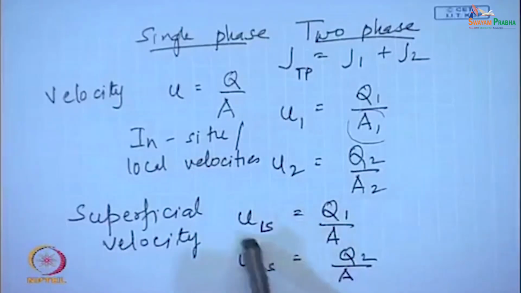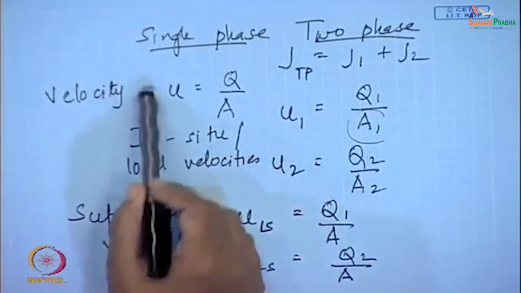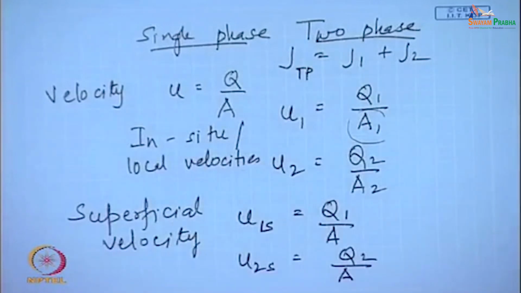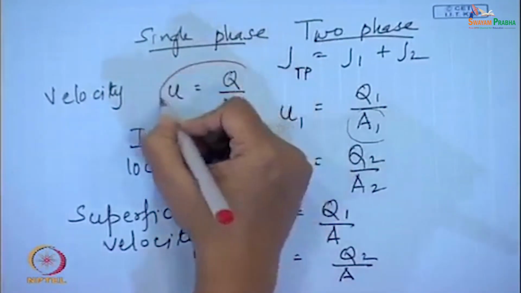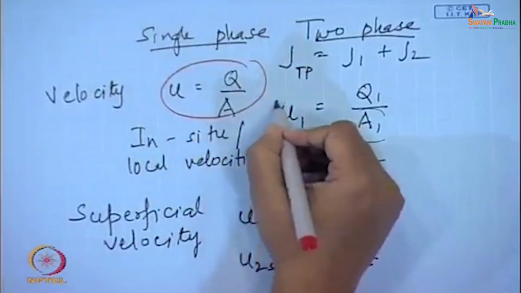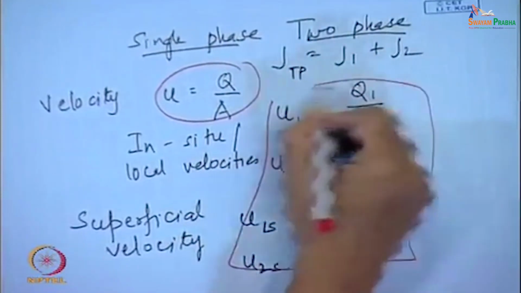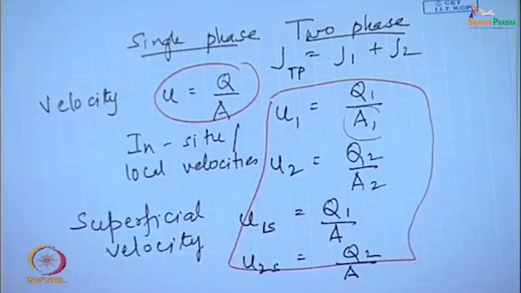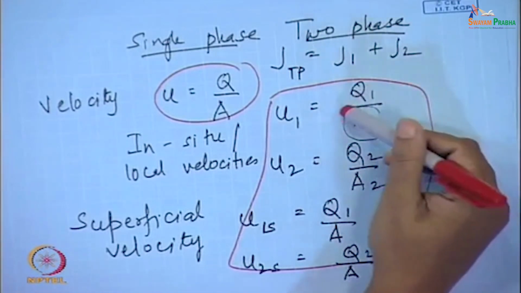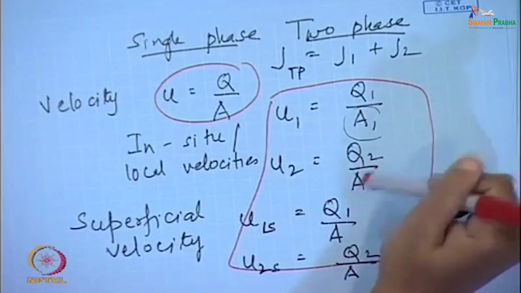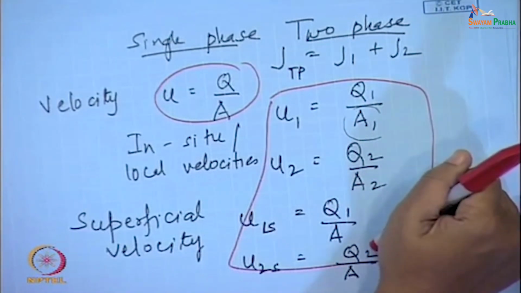So, from this itself you can get an idea that instead of a single velocity in single phase flows, we have come across 4 different definitions of velocity in two phase flows. We have 2 local velocities for the 2 phases, and 2 superficial velocities.